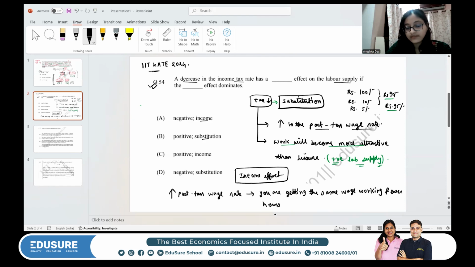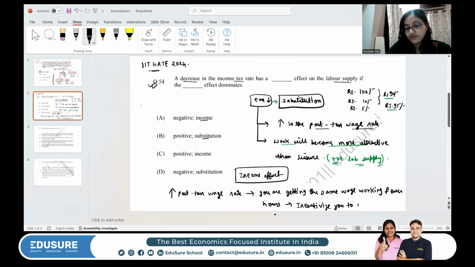Working fewer hours. This will incentivize you to work less. And what will be the net result? Let me write it here, negative impact on labor supply.